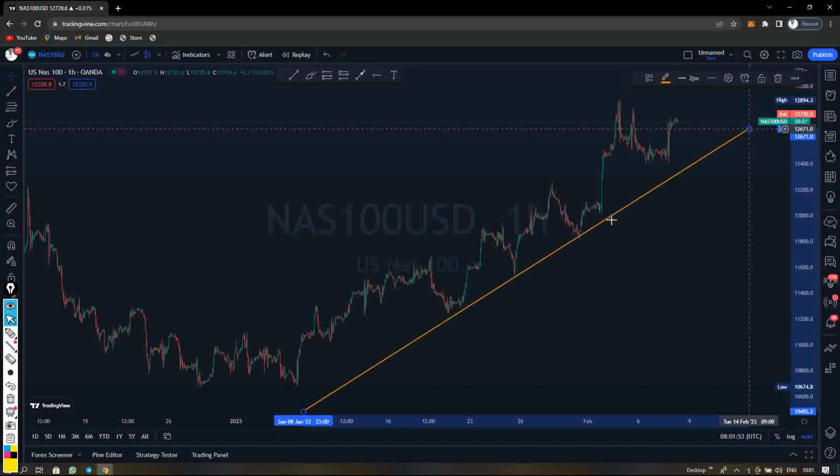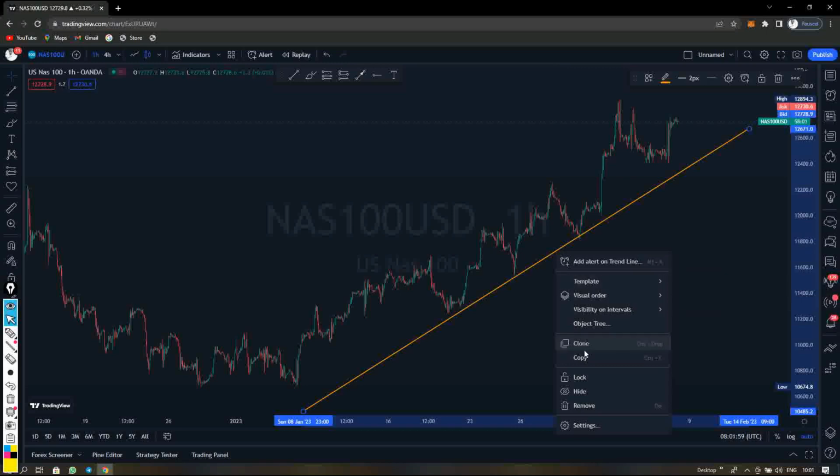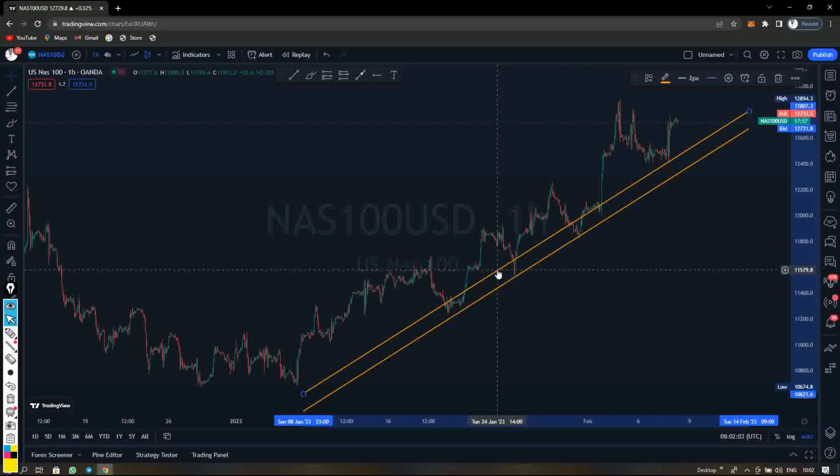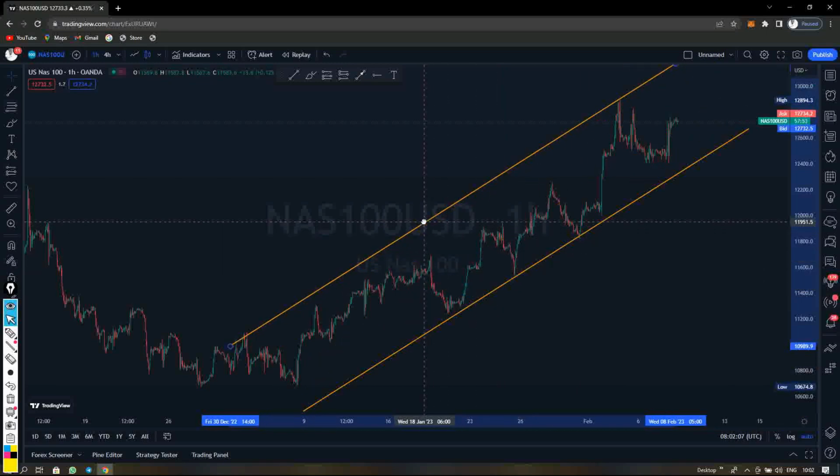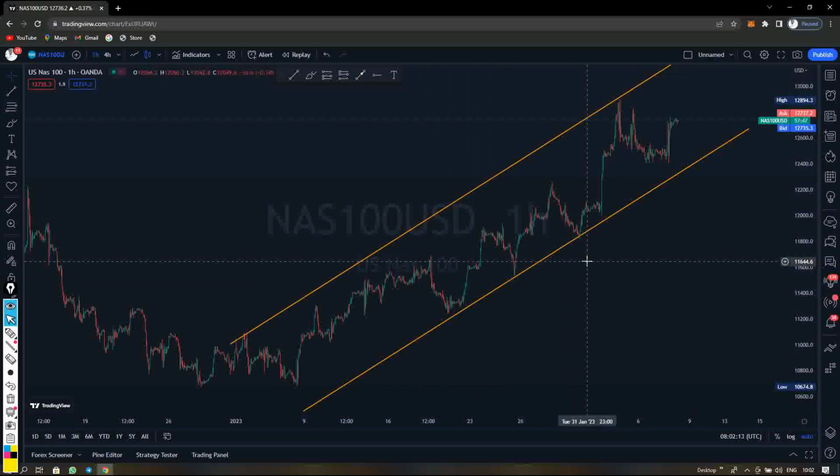If you're using TradingView to do your analysis, which I recommend very much when it comes to analyzing the market, you just clone your support and then you take it to your resistance so that they are directly proportional.